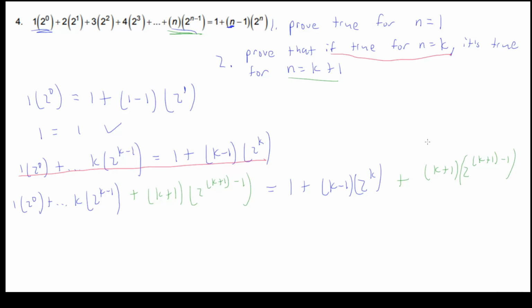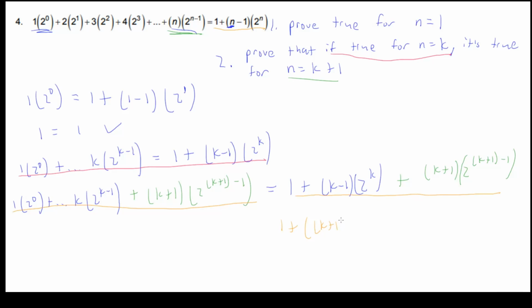Basically, we have to figure out some way to make this expression right here equal to k plus 1 inserted into this expression right here. Because if this expression is equal to k plus 1 inserted into this expression here, then that means that this whole thing here is equal to k plus 1 inserted into this expression, which means that we prove that it's true for n equals k plus 1 if it's true for n equals k.